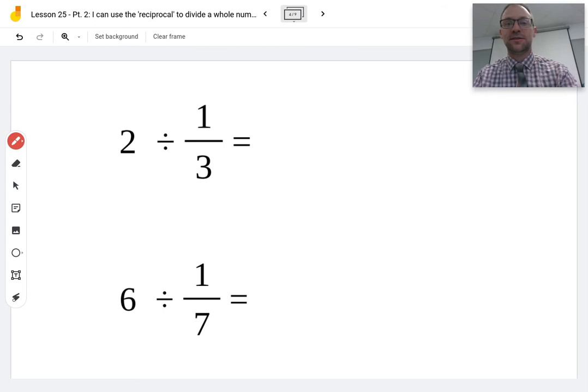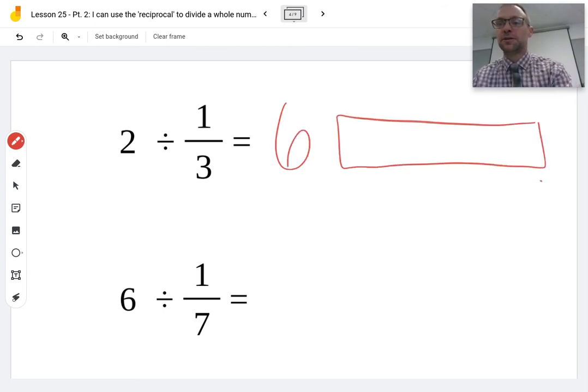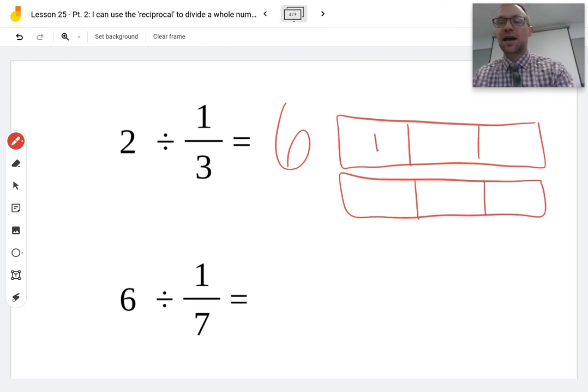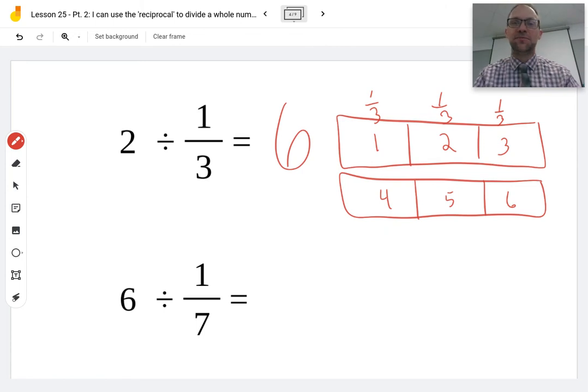That's right, 6. And we can quickly draw out 2 whole bars, 1, 2. And if I divide each into thirds, I can count 1, 2, 3, 4, 5, 6 groups of 1/3, right? Each of these is a third, and there's 6 of them.